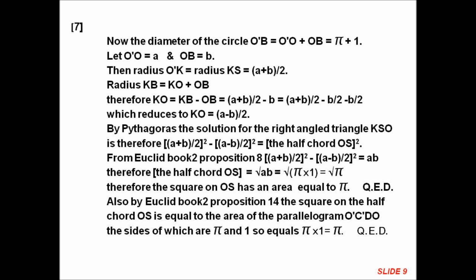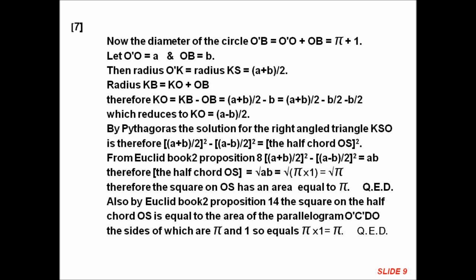From Euclid Book 2, Proposition 8, ((A plus B) divided by 2) squared minus ((A minus B) divided by 2) squared is equal to AB. Therefore, the half chord OS is equal to the square root of AB, which is equal to the square root of pi times 1, which is the square root of pi. Therefore, the square on OS has an area equal to pi, QED.